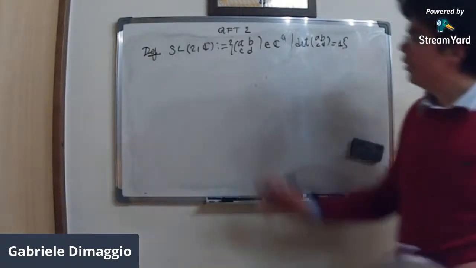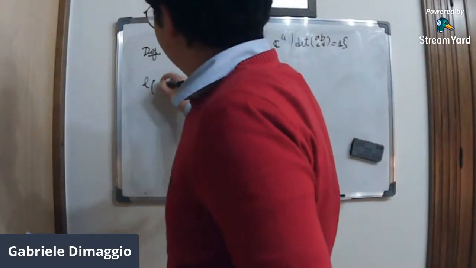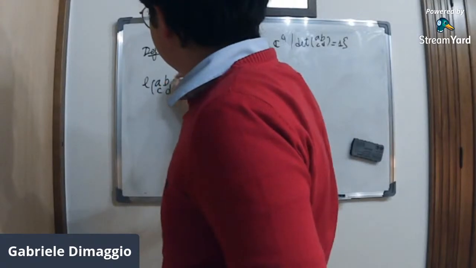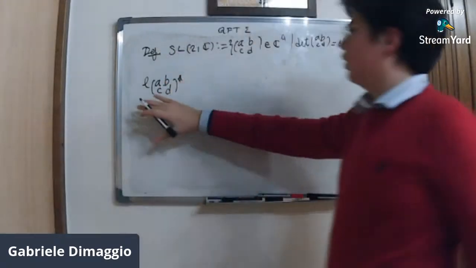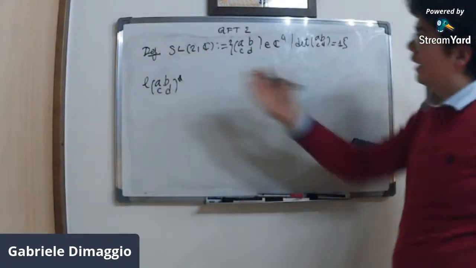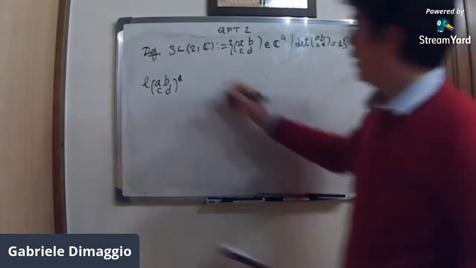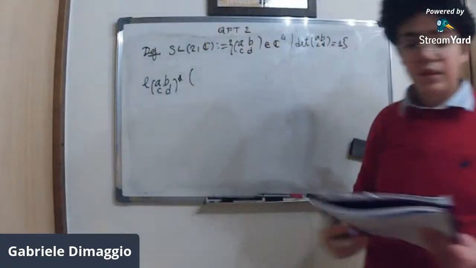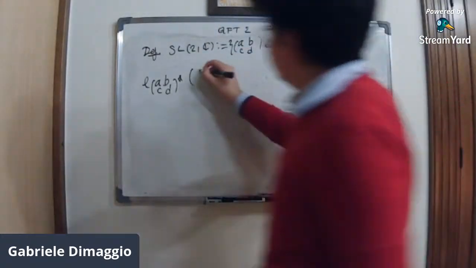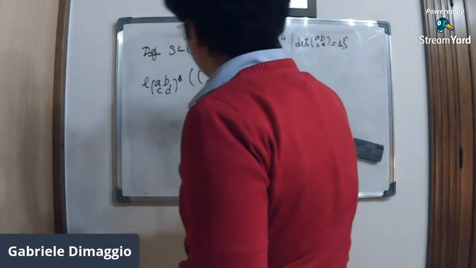Now, the dual map of this kind, A, B, C, D, dual, okay? So this is an element of the group. In this case, I have SL2C, acting over the basis of the group.